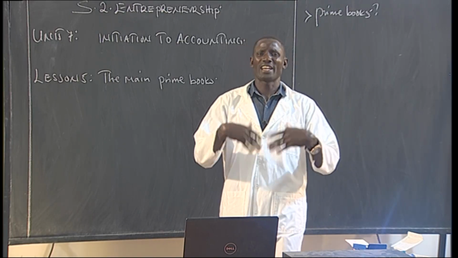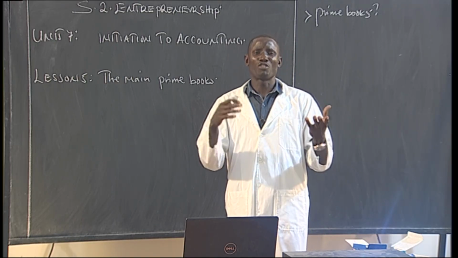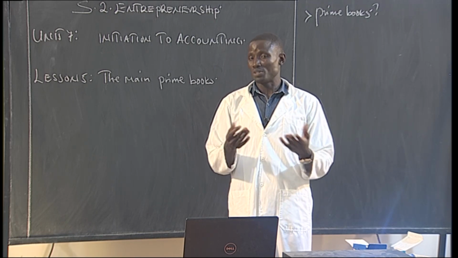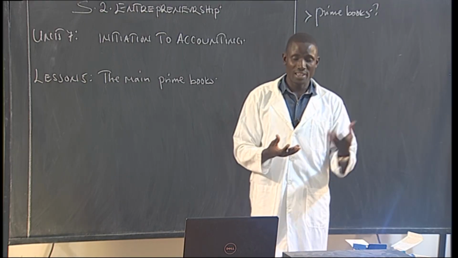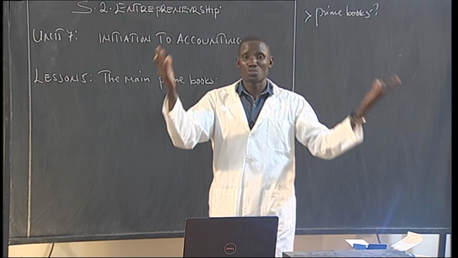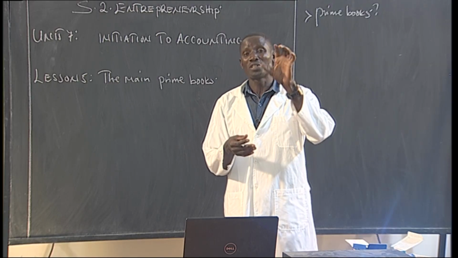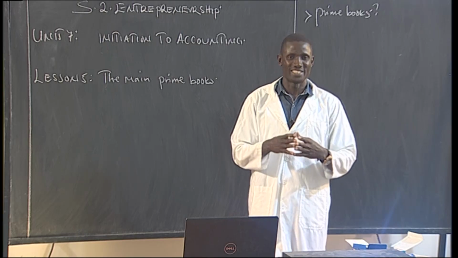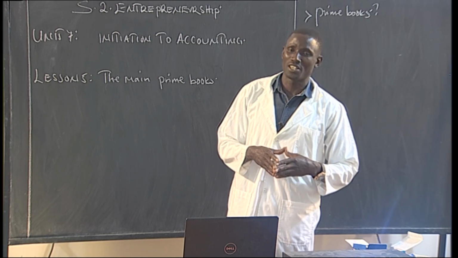And again, types. Most of the time we do things when we don't know. But looking at these types of prime books, you are going to know how you do your transactions. You know the types of transactions you always make. Are we together, students?